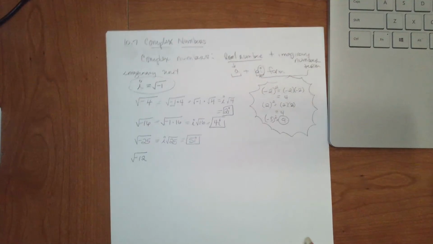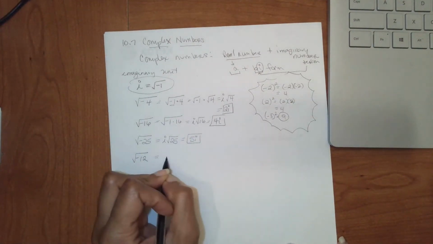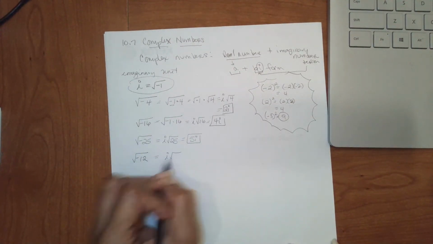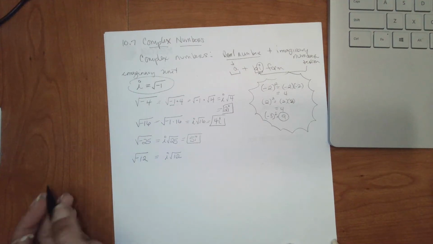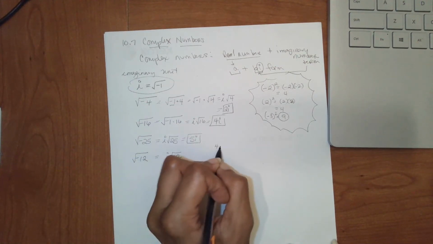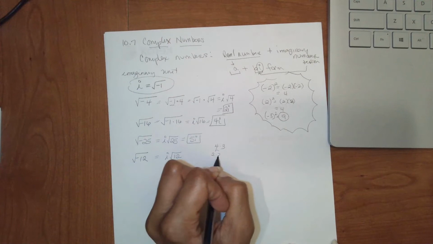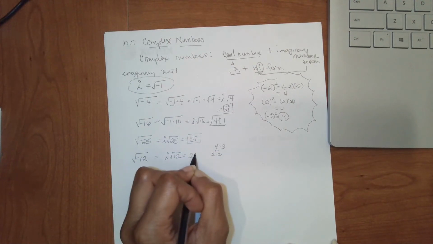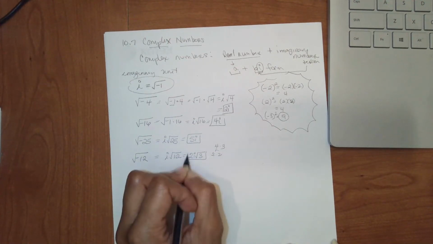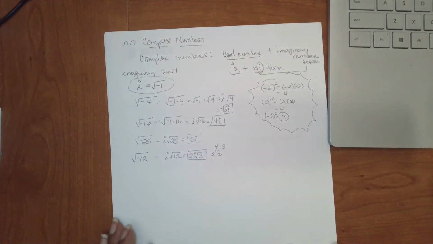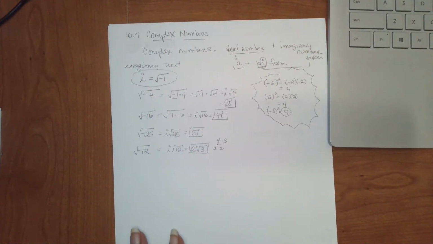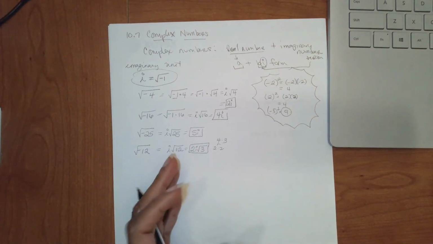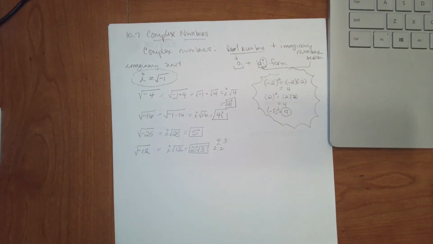We pull out the i for the imaginary, and then we have the square root of 12, so we break 12 down. We get 2i times the square root of 3. And that's it. Anytime you're doing the square root of a negative, you pull out the i and then simplify the square root accordingly.